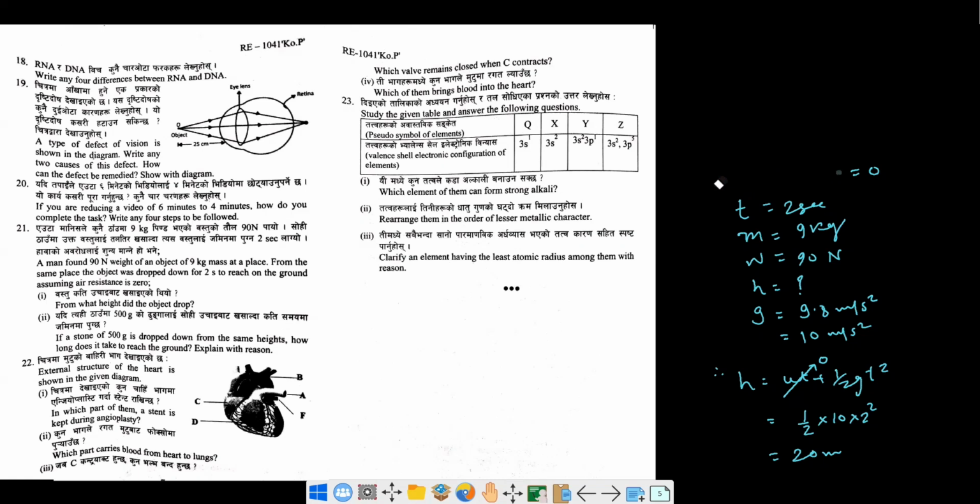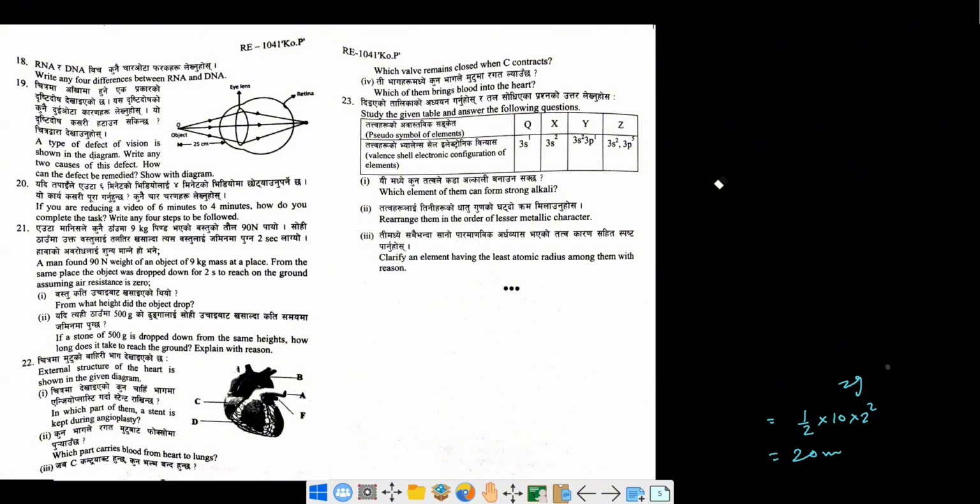This is a so tricky question, and I know you are familiar with the fact that the time taken by a body to cover the same distance is irrespective of mass, no matter whether you are dropping 500 kg or 20 kg or 2 gram or 2 milligram. There is no effect of mass, because s equal to ut plus 1 by 2 gt square.